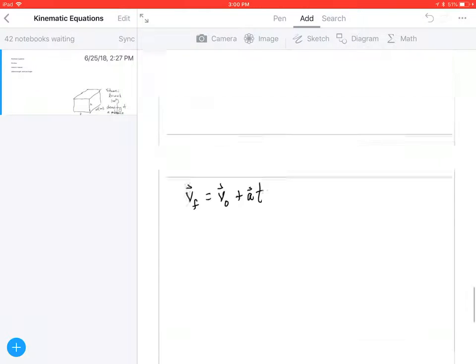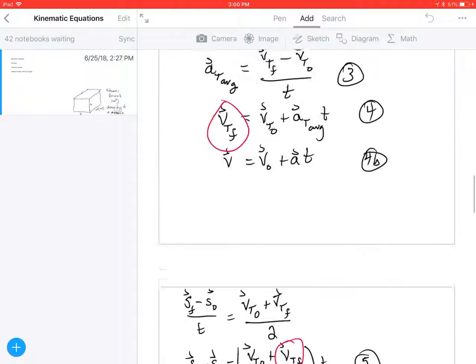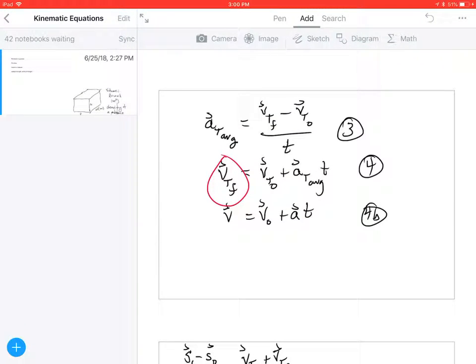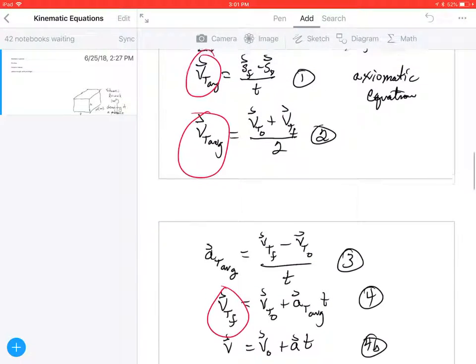So this is one of our equations, and that equation is right here, 4b. It's coming from 4a. When I speak about tangential, I'm speaking at a point on a circle, and it needs to be infinitesimal, or along the x direction, y direction, and z direction. So that's one form of velocity.